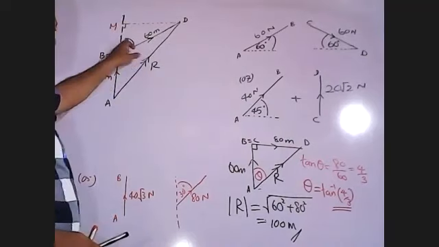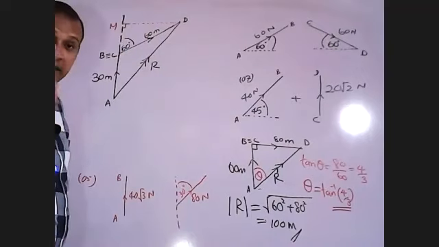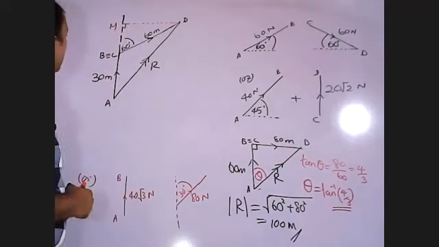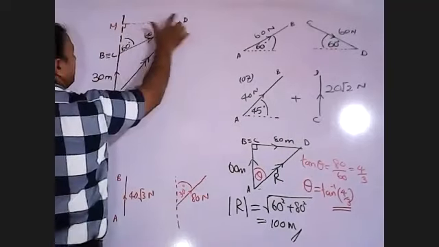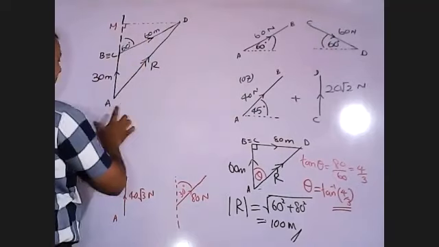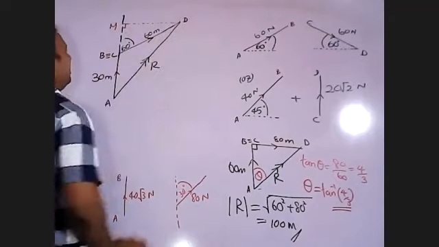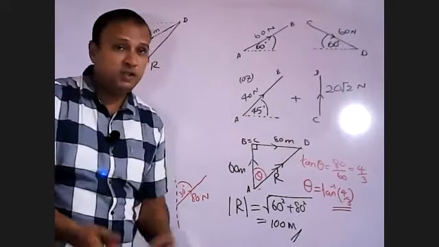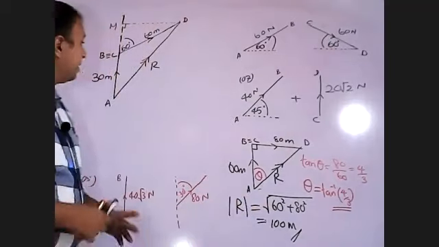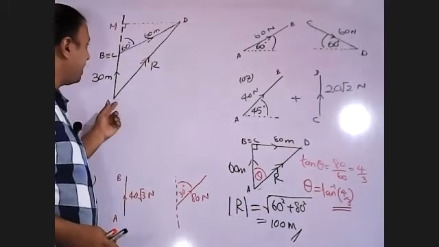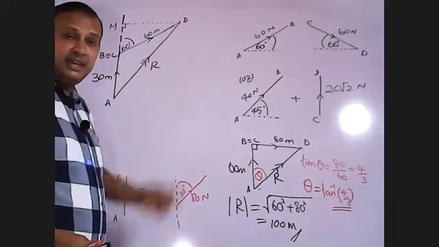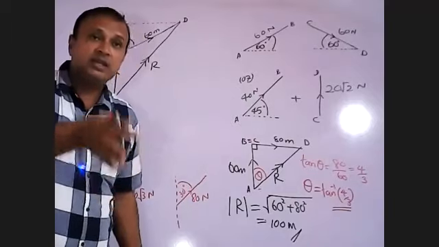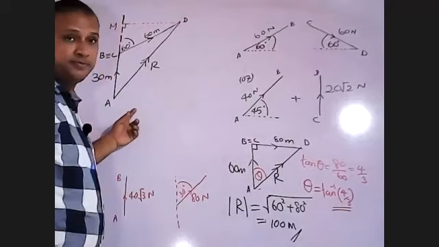Look at this. You know this angle. And now there are two right angle triangles. One is MDB. The other one is AMD. AMD is a right angle triangle. AD is the hypotenuse of a right angle triangle, so you can use the Pythagoras theorem to find AD.